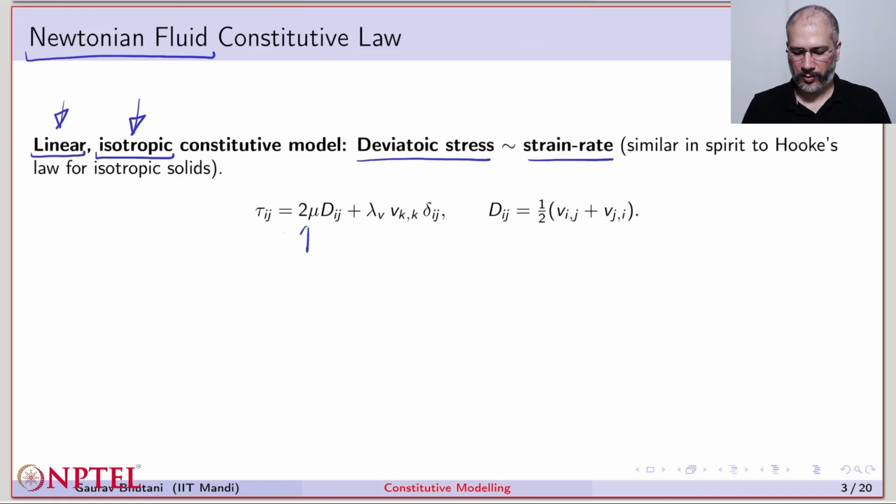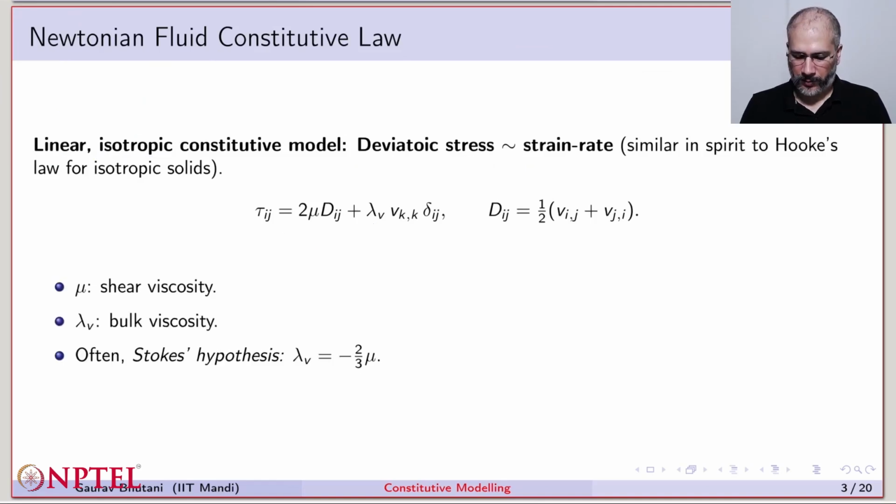So you have two constants, mu and lambda v, which are similar to the Lamé constants we had for solids. And these constants are called the shear viscosity, mu, and the bulk viscosity, lambda v. So these coefficients are the viscosities for the fluid.